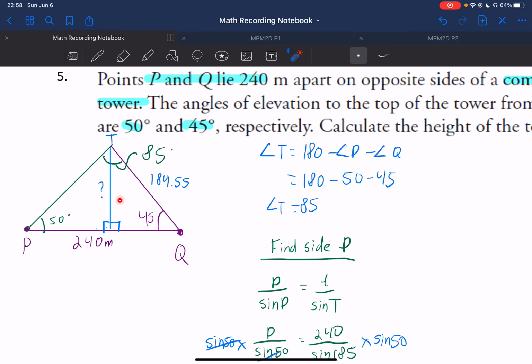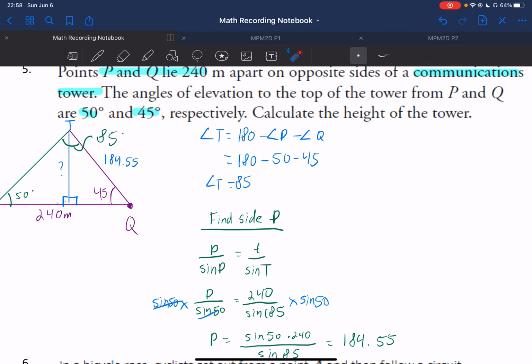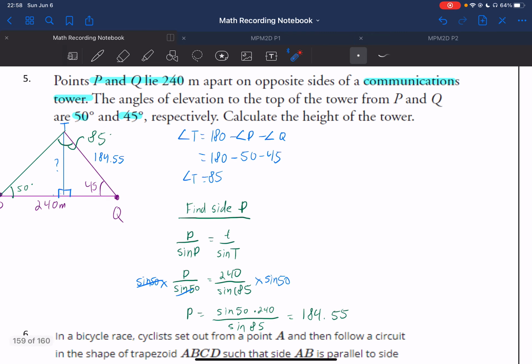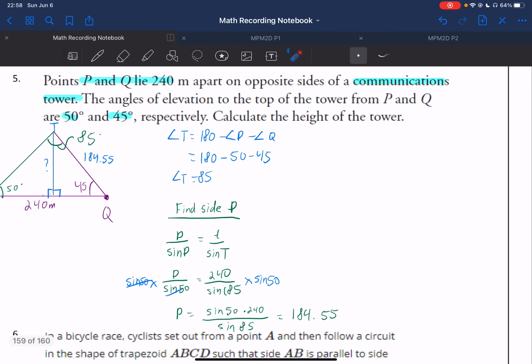This is the opposite side of this angle. Because we have the opposite side, what we can do now is find out what that tower height is. So that's what we're going to do next. We're going to find that tower height.